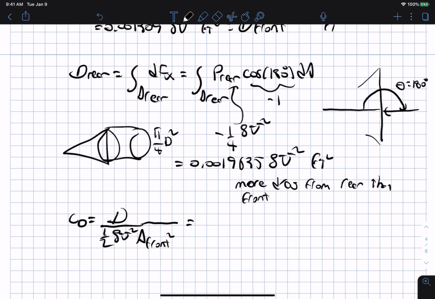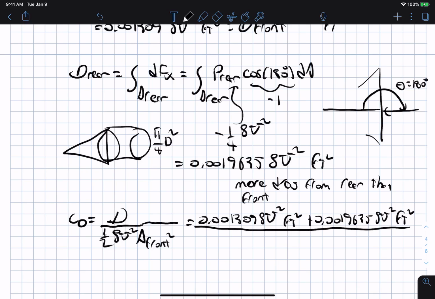And so we stick in the numbers we computed: 0.001309 rho u squared feet squared from the front, plus 0.0019635 rho u squared feet squared from the rear, divided by 1/2 rho u squared times pi over 4 times 0.1 feet squared.